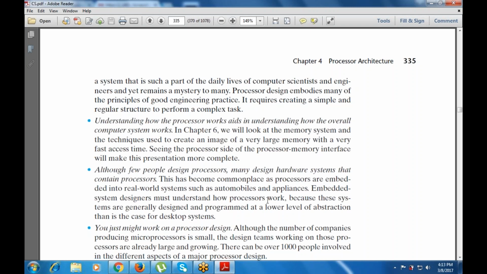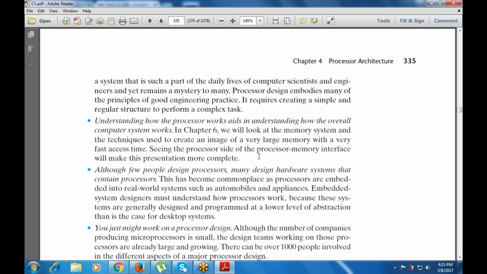Second, understanding how the processor works aids in understanding how the overall computer system works, how it processes information and performs various tasks.